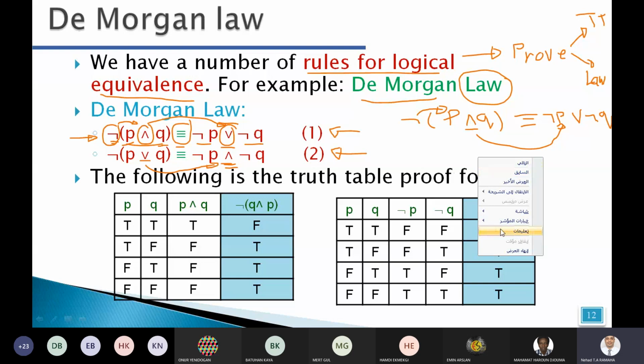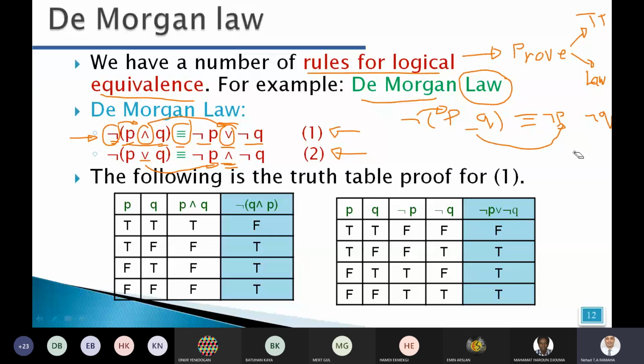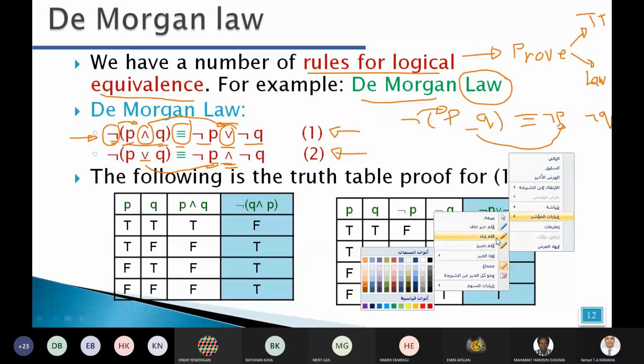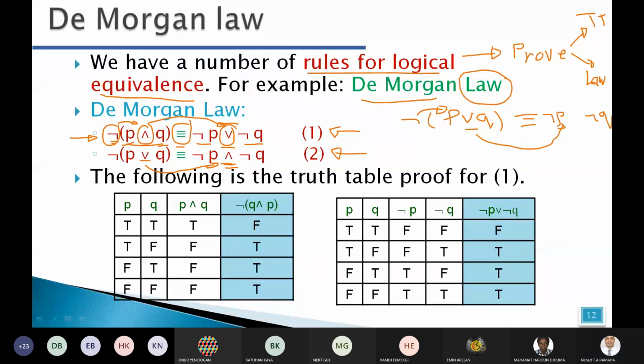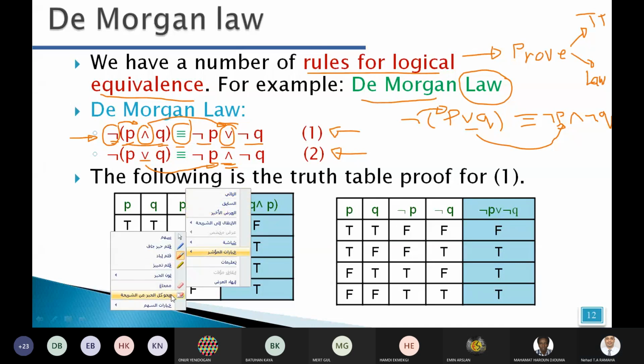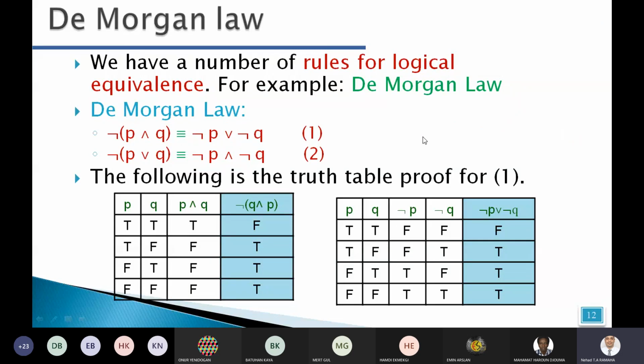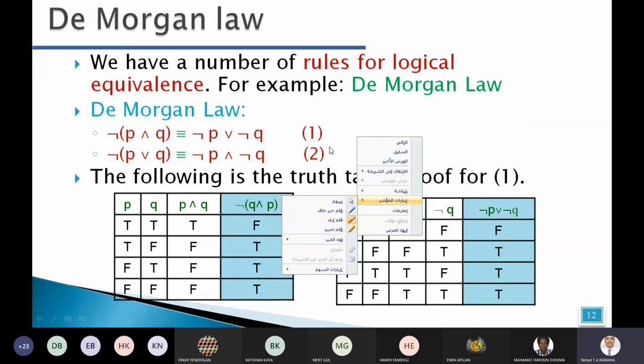This is the first law. Second law, if you have OR, it becomes AND. Okay, we will prove the first law using a truth table. We can prove this law very easily.